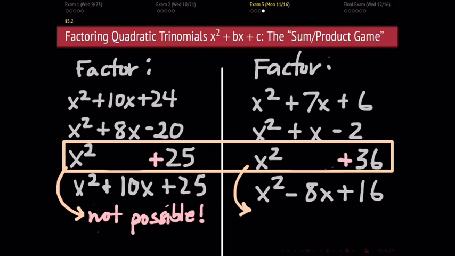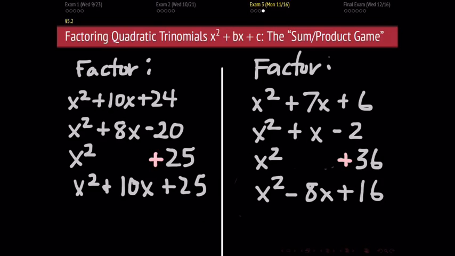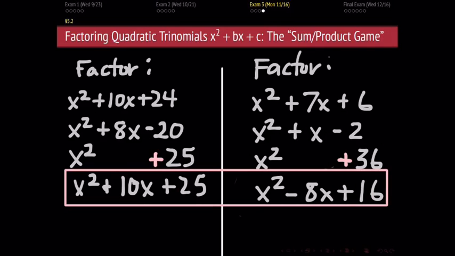Last one I want to talk about, before we talk about takeaways and get out of here for today, is the ones on the bottom rows: x squared plus 10x plus 25 for the window side, and x squared minus 8x plus 16 for the wall side. How were these different from the other examples that you did?